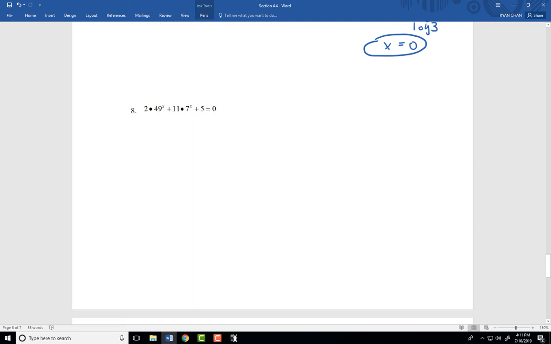So the first thing I need to realize is this is just 7 squared to the x. So this is going to be 2, and then it's 7 to the 2x plus 11 times 7 to the x plus 5 equals 0.